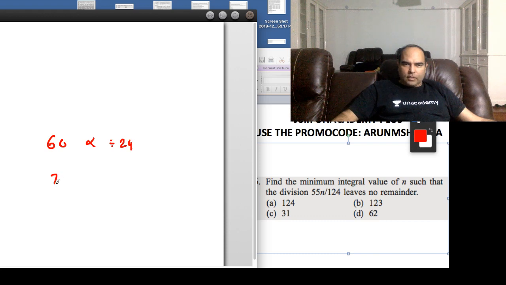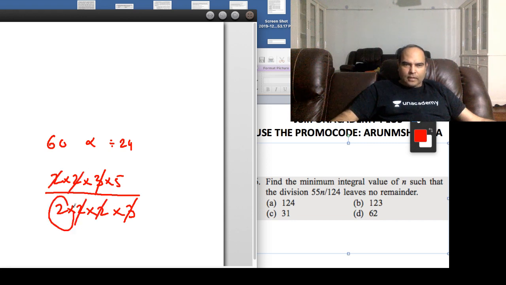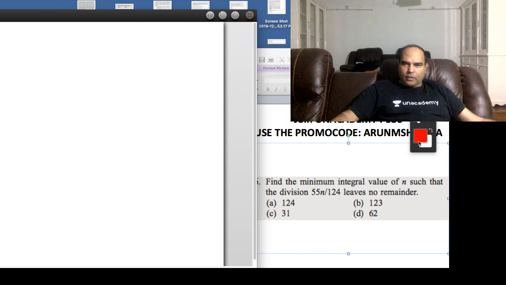The reason is 60 is 2 into 2 into 3 into 5, and 24 is 2 into 2 into 2 into 3. So 3 gets cancelled, 2 gets cancelled, and you can see that this 2 is not getting cancelled, and hence divisibility is not happening.